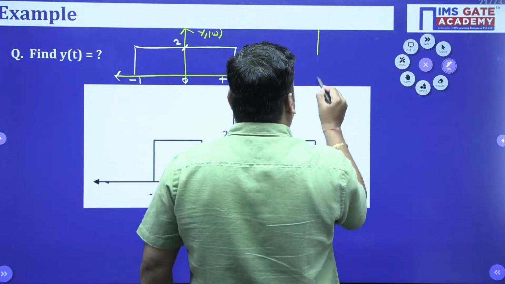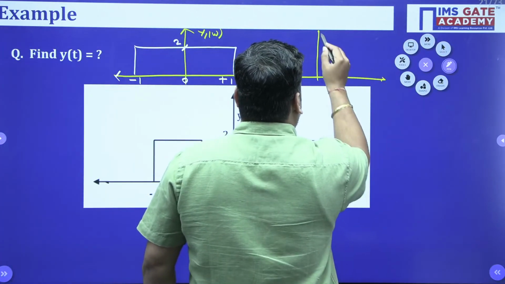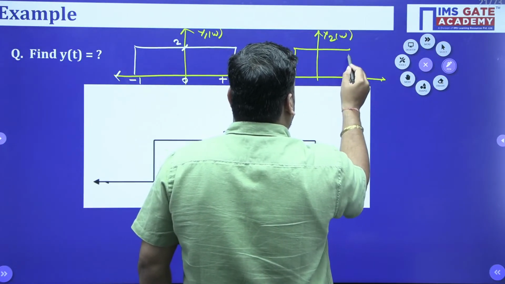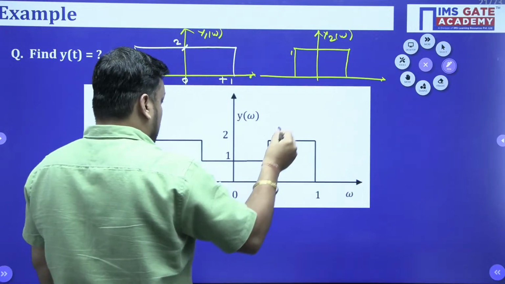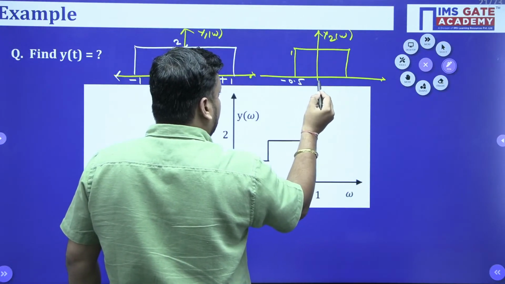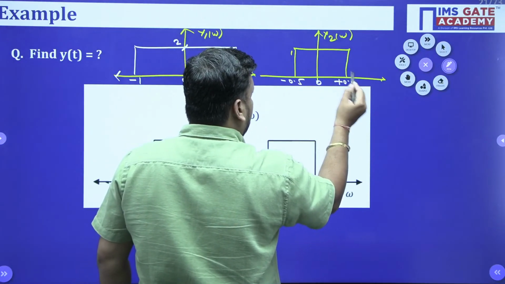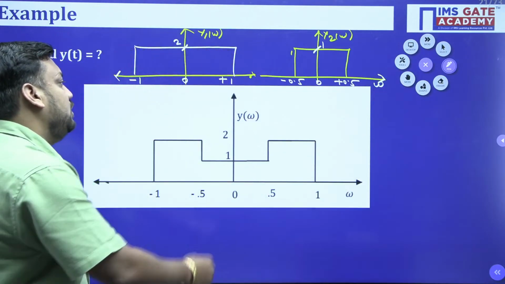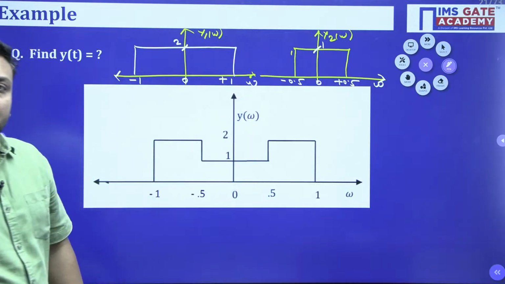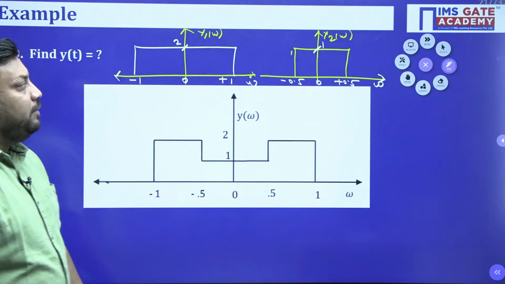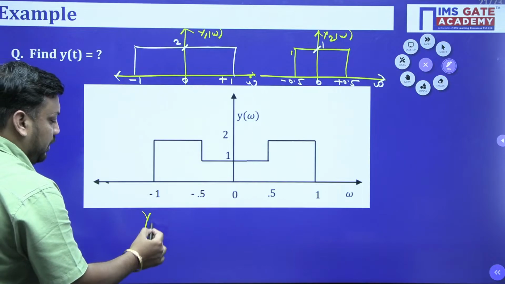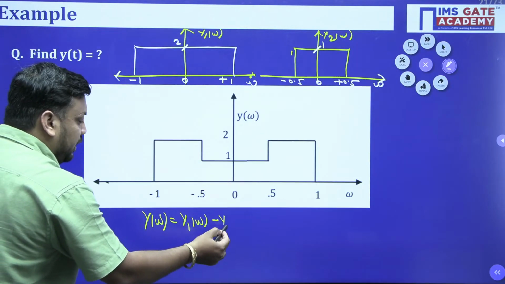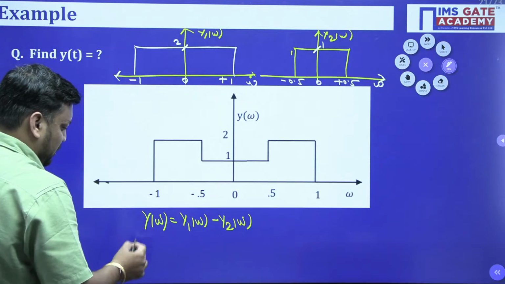Now what is y2 omega, guys? For y2 omega, I am making the signal from minus 0.5 to plus 0.5 and the magnitude value is 1, with respect to omega. Now tell me, children, if I write that my y omega is nothing but y1 omega minus y2 omega, is it okay to you or not?